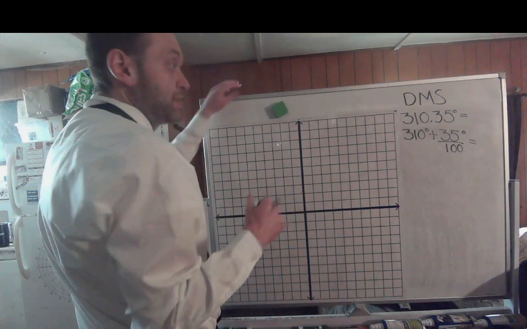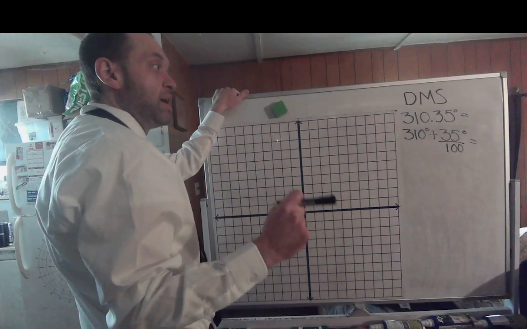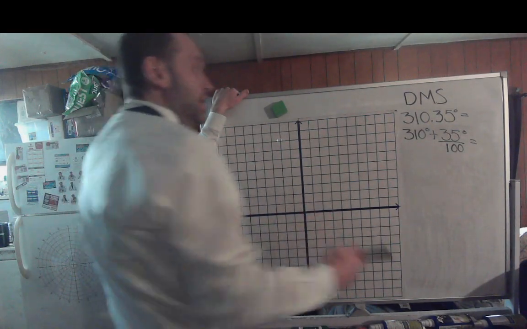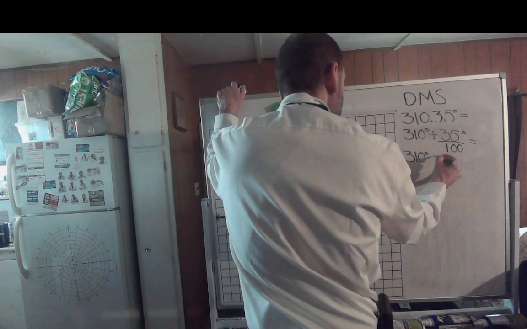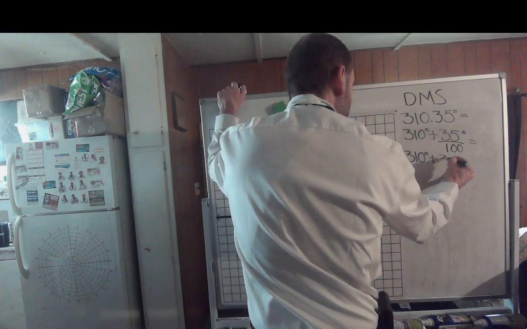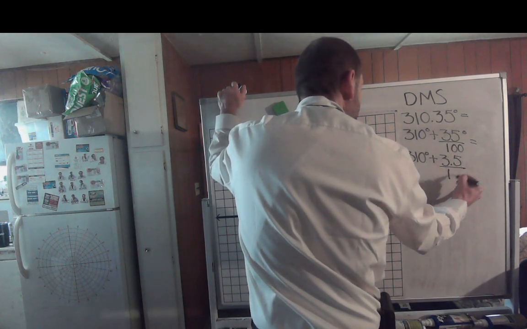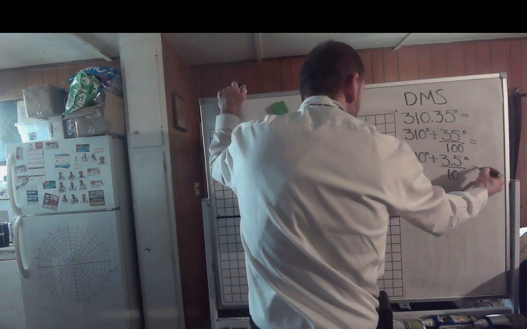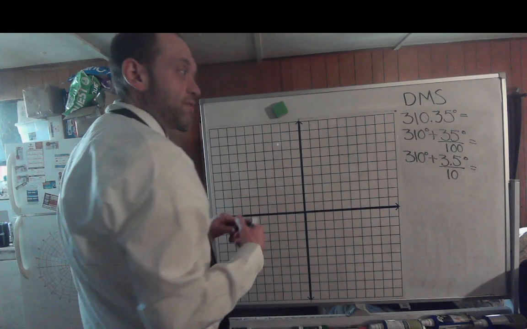Well, it's going to be best, once again, if we go ahead and make this a denominator of 10 to start with. So this would be the same as 310 degrees plus 3.5 out of 10 degrees, which now what we have to do is get a denominator of 60 in order to be able to convert that to a minute.